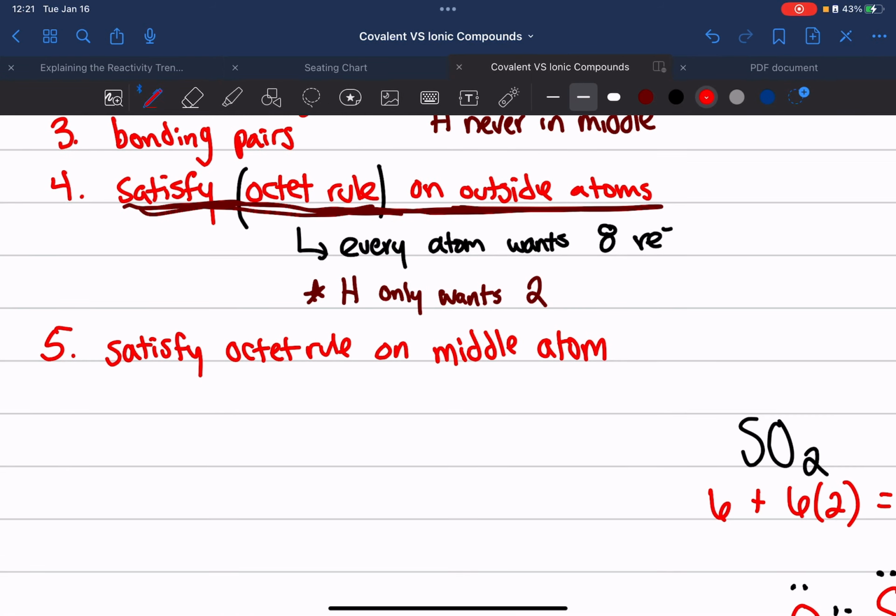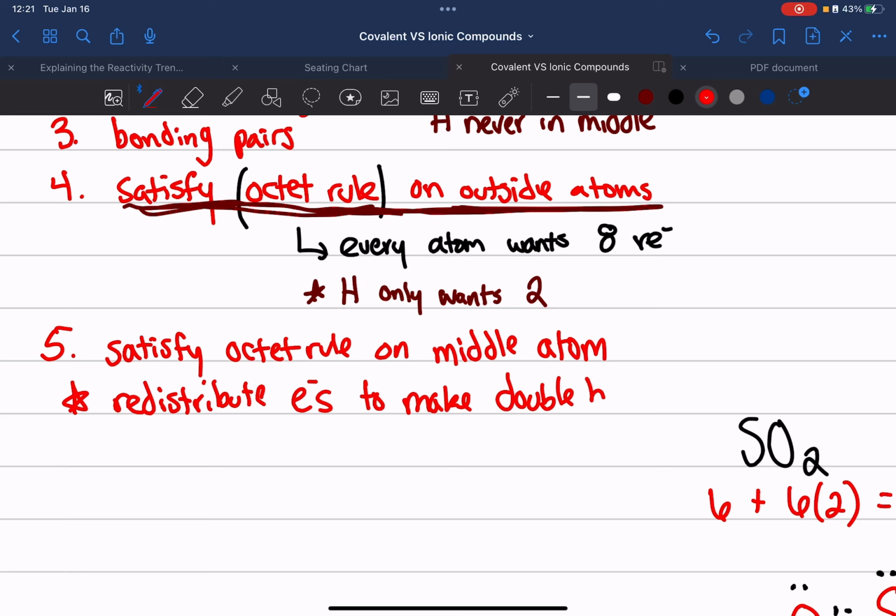And then sometimes, you don't have to do this every time, but sometimes redistribute electrons to make double bonds. But you only do this if you run out of electrons.